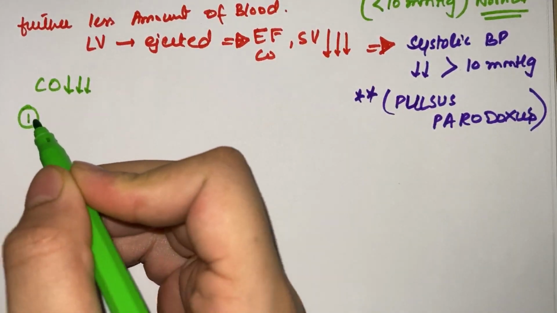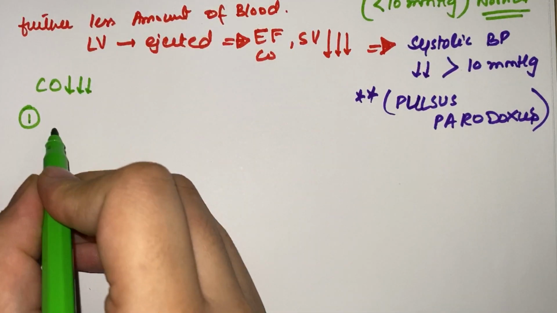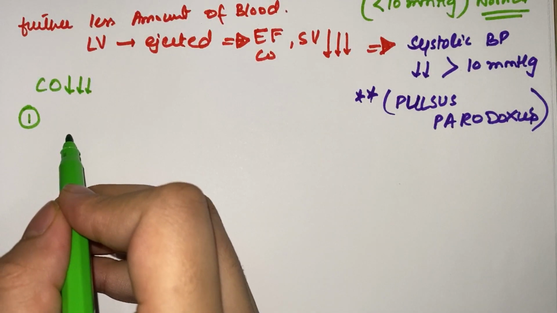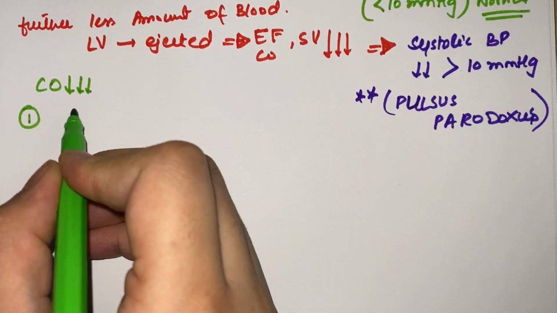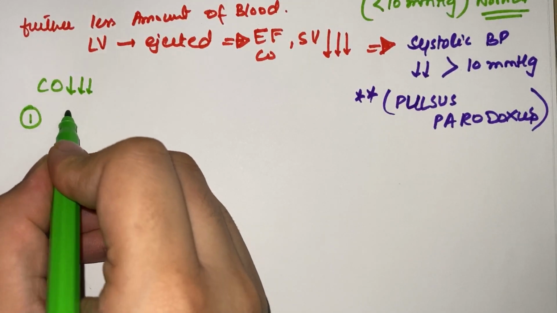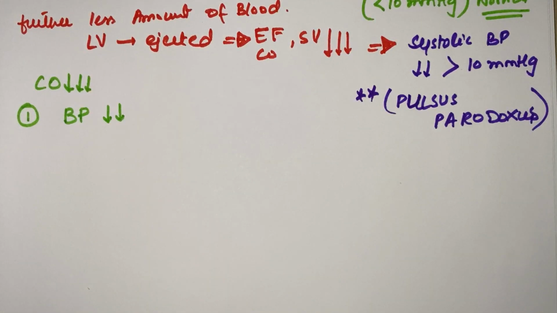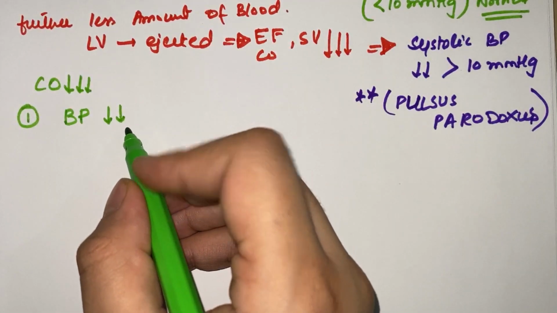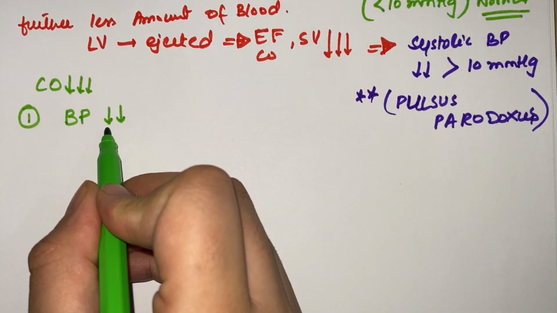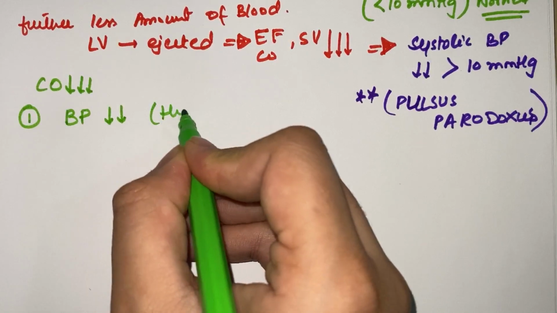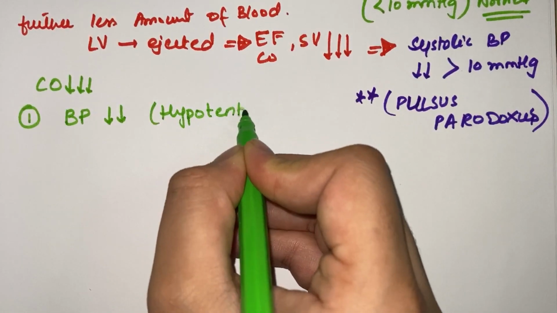First point, less blood will be ejected, of course the left ventricle has to eject blood into the aorta, so blood coming to the aorta will be less, so the BP, and we know that systolic BP is measured by the blood within the artery, right? So BP will be reduced. So the first point will be low BP, or we can say hypotension.